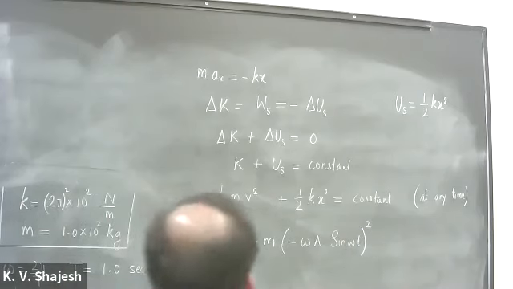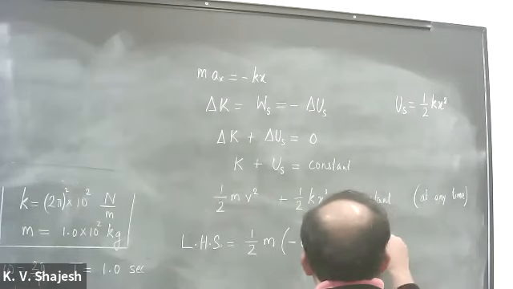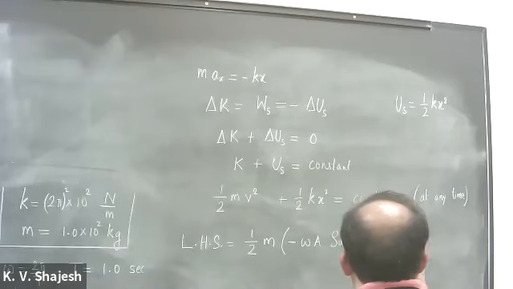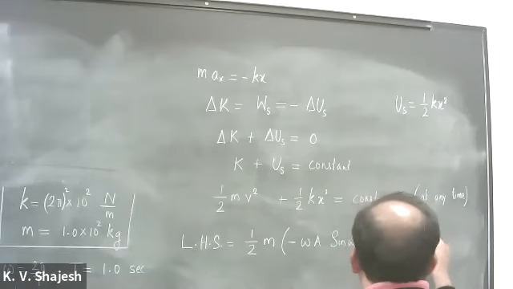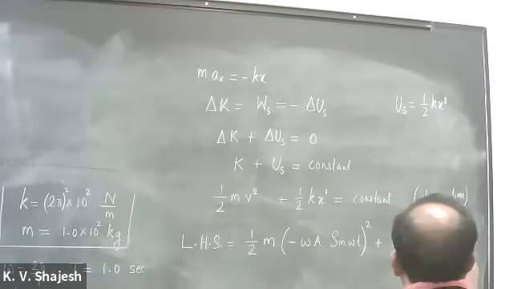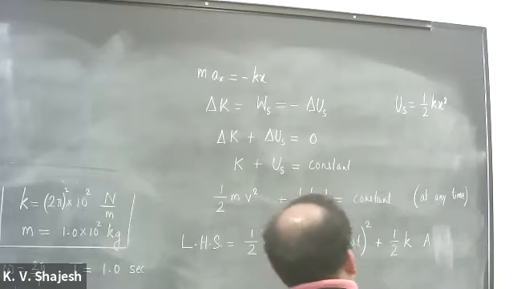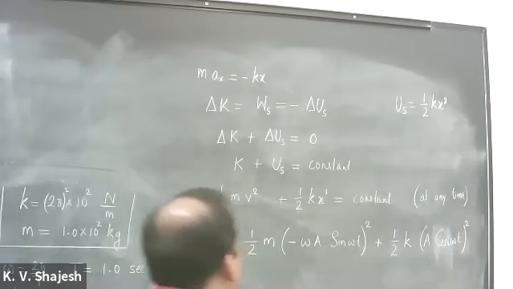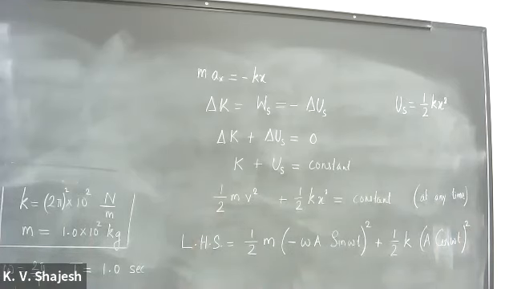And the potential energy has a square of position in it, so that's half k x squared, which is A times cosine omega t, squared. The claim is that this whole thing should come out to be a constant. So let's see how that works out.